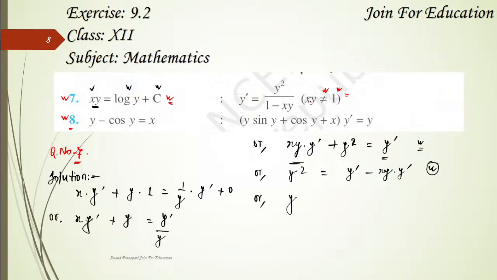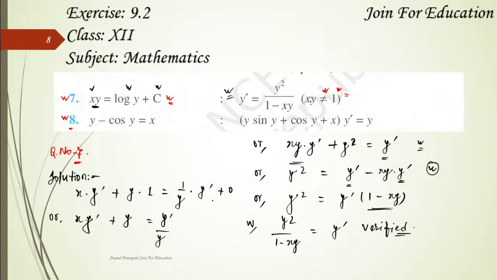So y² equals, now we take y' common, then we get y'(1 - xy). Now 1 - xy moves to the left hand side, then we get y²/(1 - xy) = y'. The question asks us to verify y' = y²/(1 - xy), and this is verified.